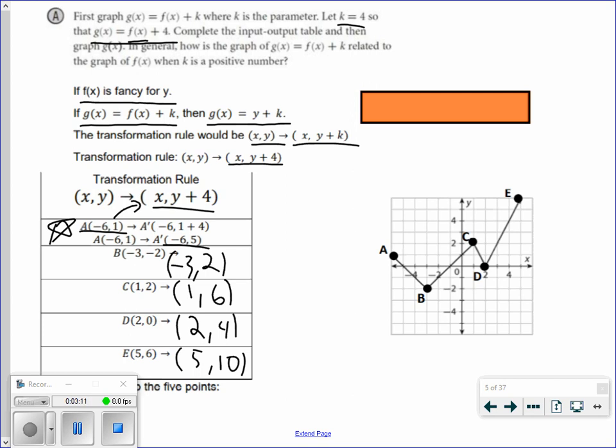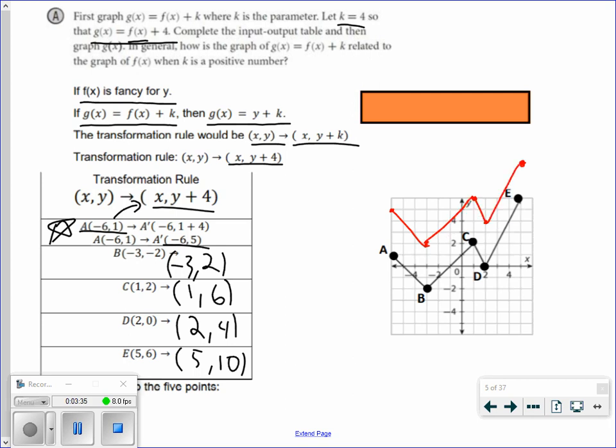So our first one is negative 6, 5. We'll be over here. Negative 3, positive 2. 1, 6, 2, 4, and 5, 10, which would be somewhere up there. We're going to connect the dots. Up to there. There we go.